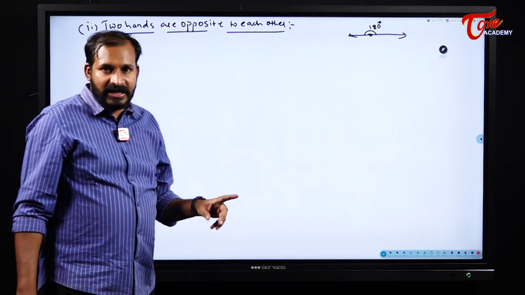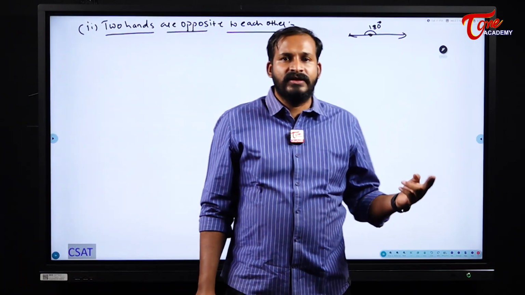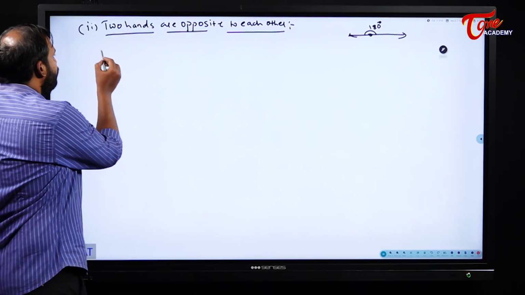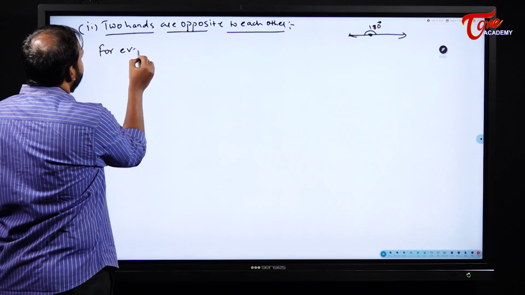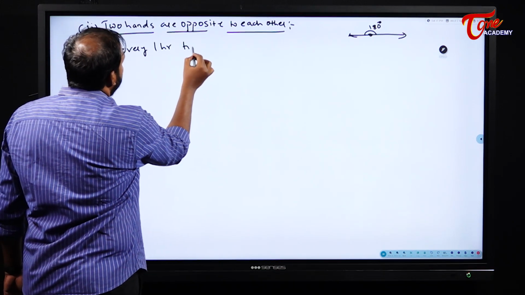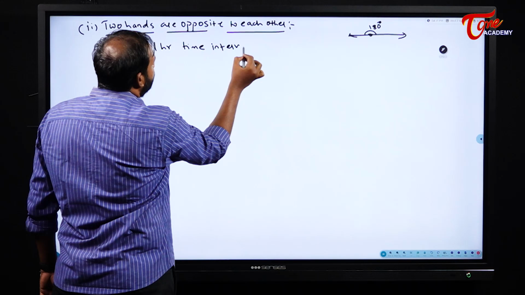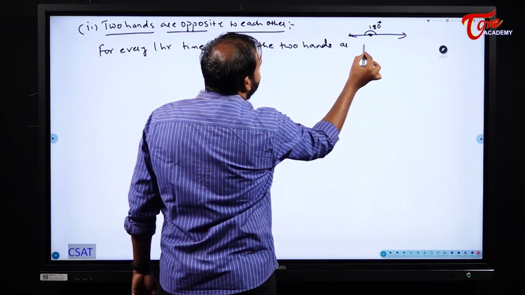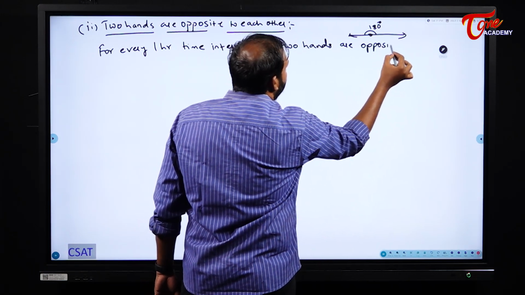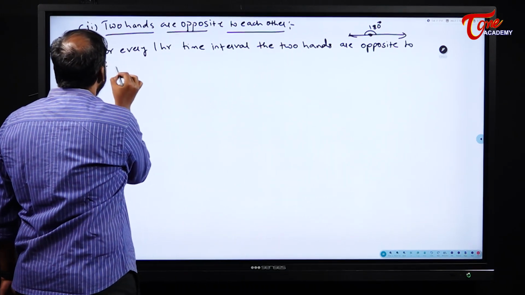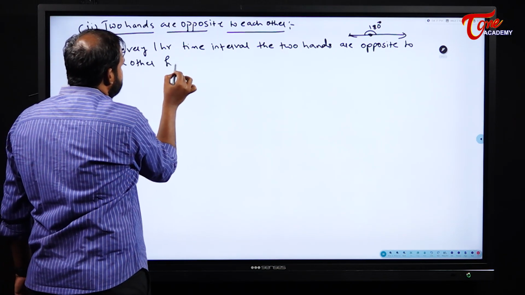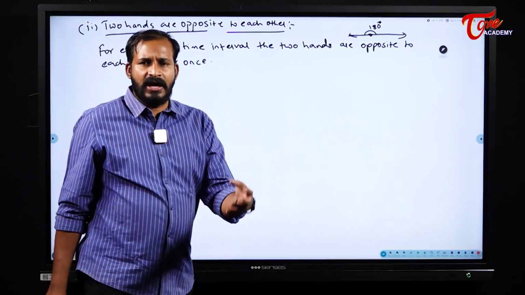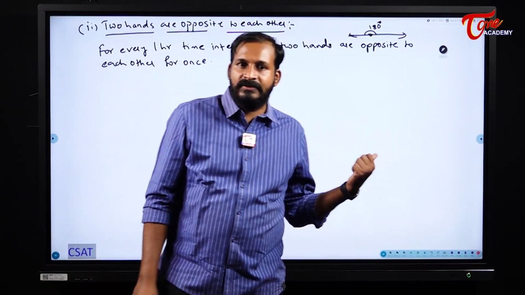So now the angle between the two hands of the clock is how much? 180 degrees. Similarly, how the two hands of the clock coincide once in every 1 hour, similarly here also, for every 1 hour time interval, the two hands are opposite to each other once. Now with this logic, usually in 12 hours, it should happen for how many times? 12 times.